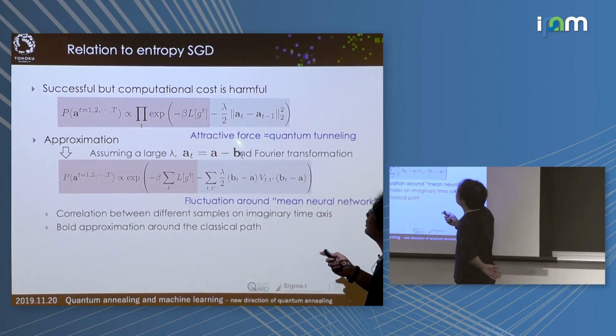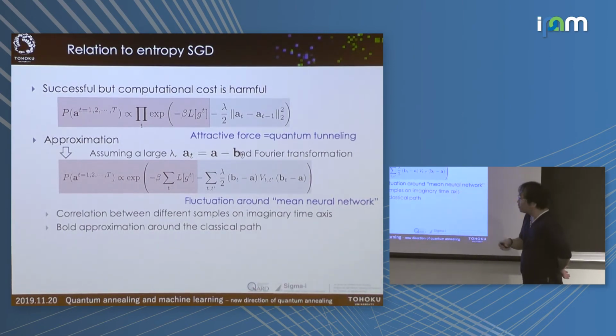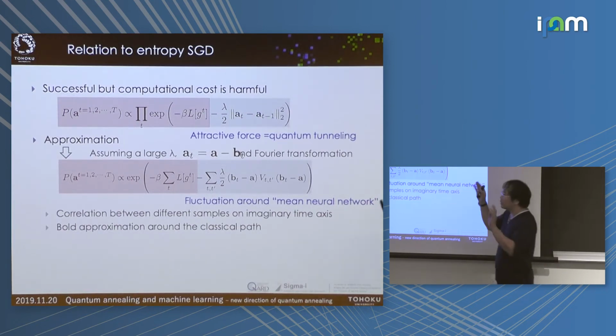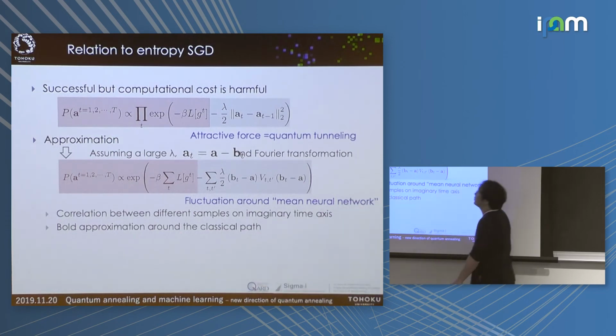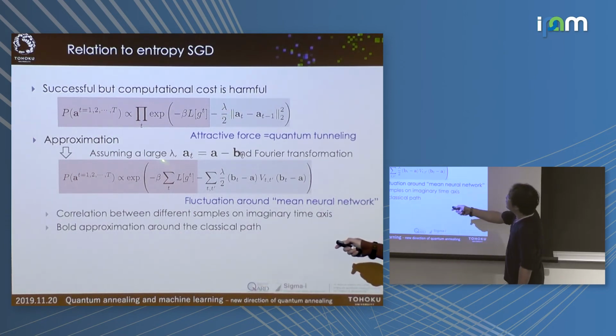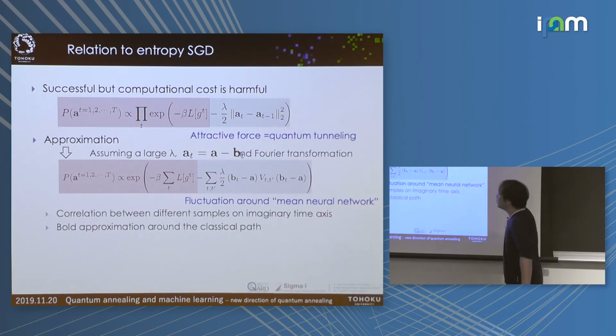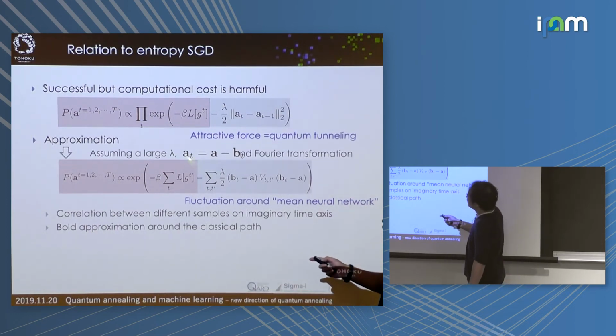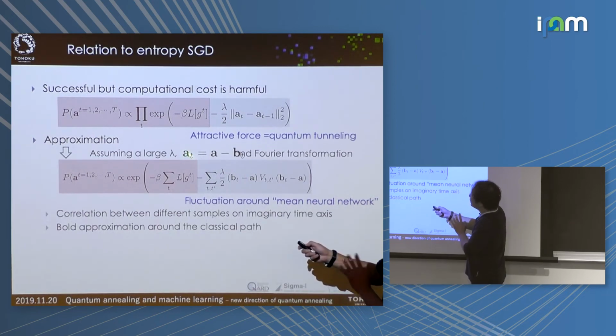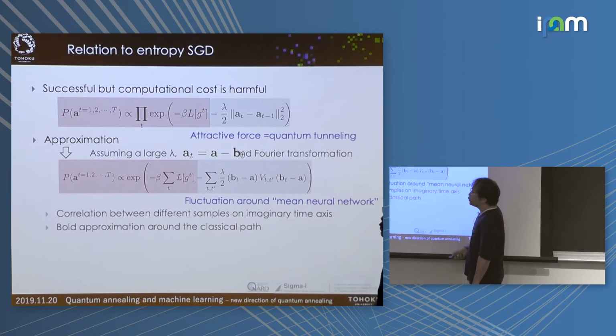Then, the attractive force coming from the quantum tunneling. Here we have non-commutable operators, so we consider some approximations. Assuming a large coefficient lambda, where lambda denotes the strength of the quantum fluctuation, the weight of the neural networks is fluctuating around the mean of the neural networks over the imaginary times.